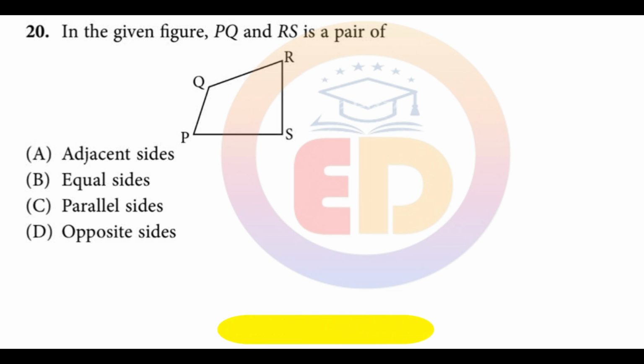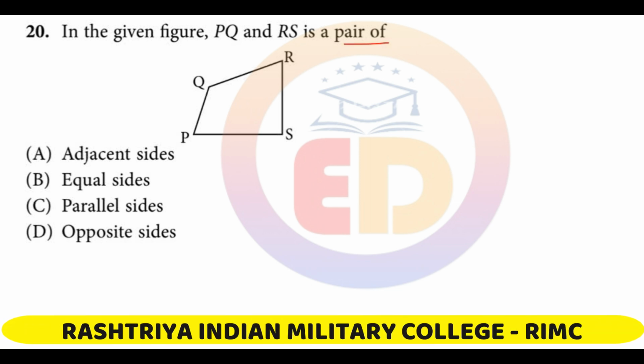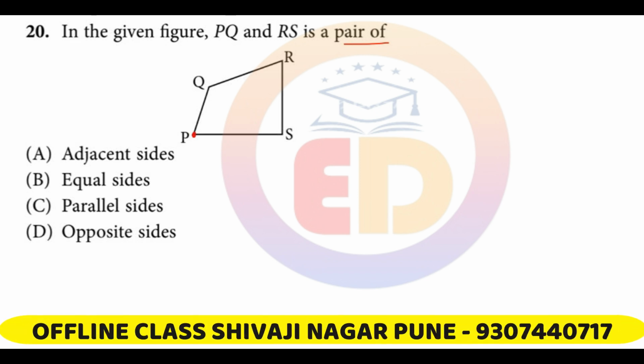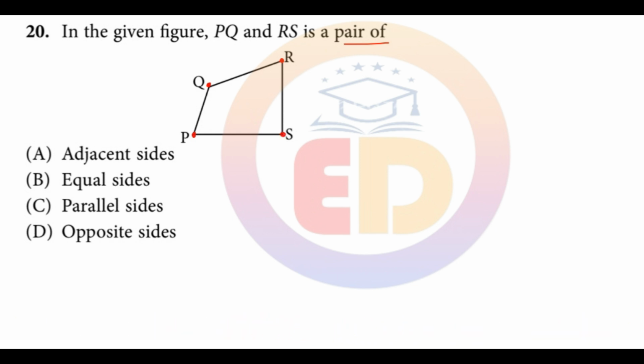In the given figure, PQ and RS is a pair of... this is the vertex P, this is Q, this is R, this is S. Now let's look at PQ. This is PQ and this is RS. Now in the line segment PQ and RS, or in the sides PQ and RS, there is no common vertex.